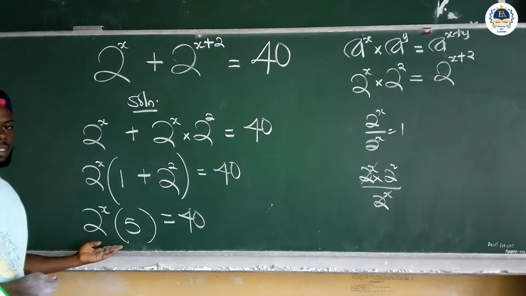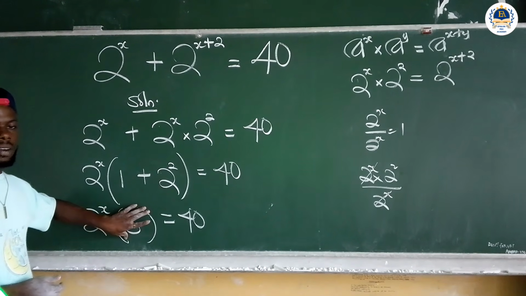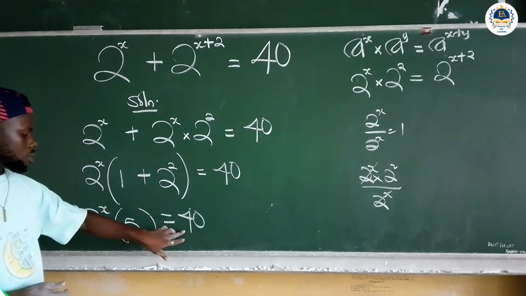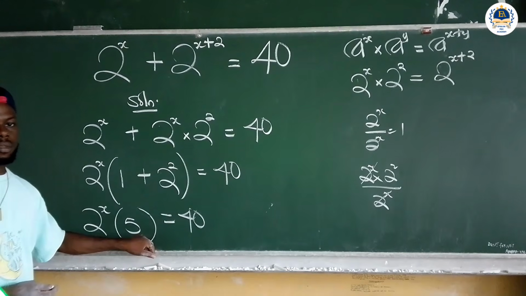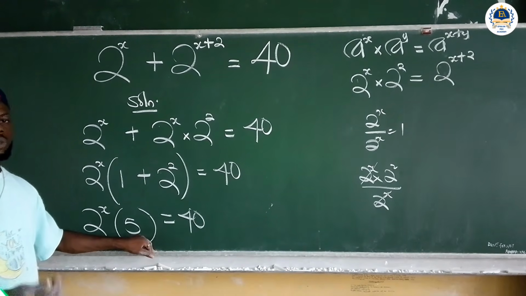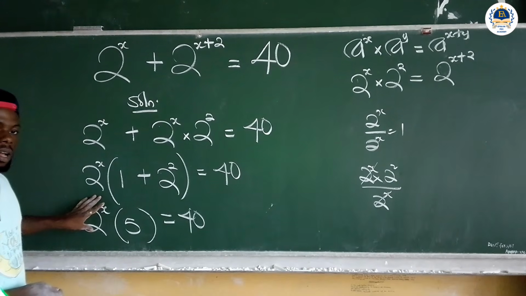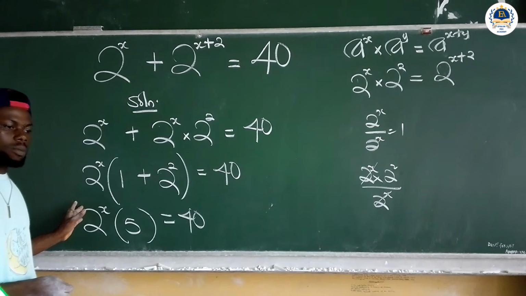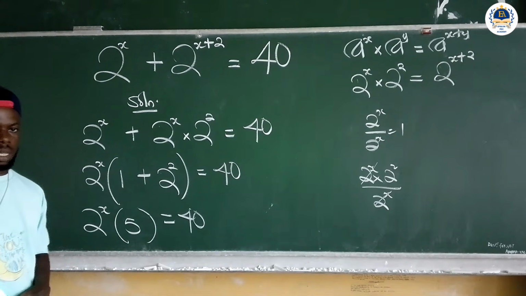In the left hand side, I have an exponent times an ordinary number, equal to 40, which is just an ordinary number or a constant. Now what should we do to ensure that 2 raised power of x, a number and a letter, are kept in one side, while all the numbers without letter are taken over to the other side?